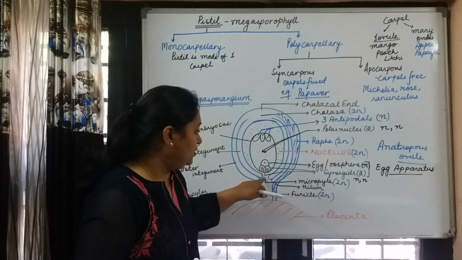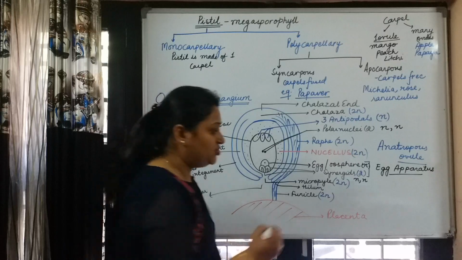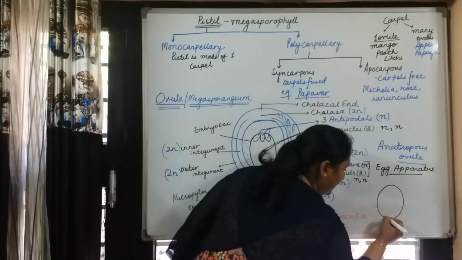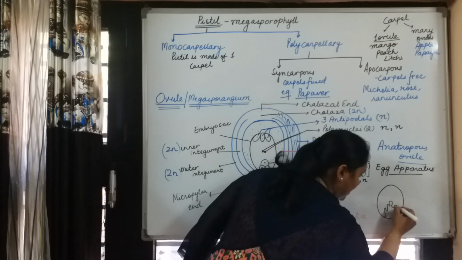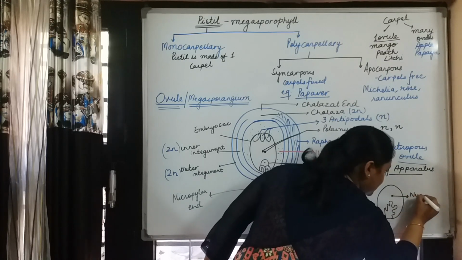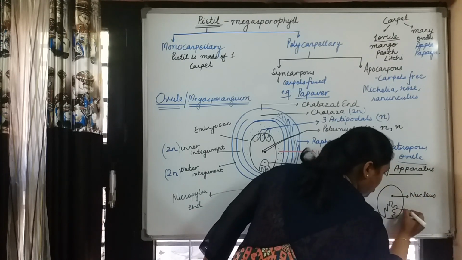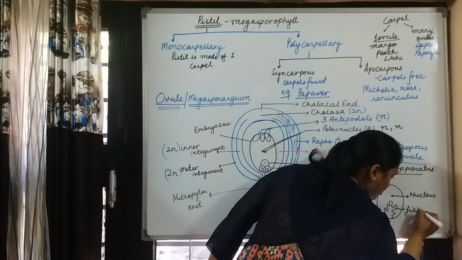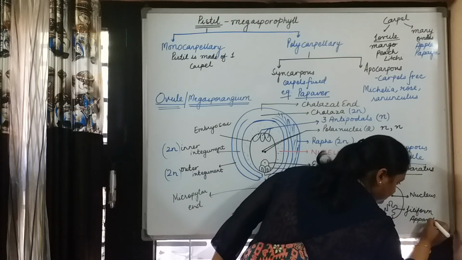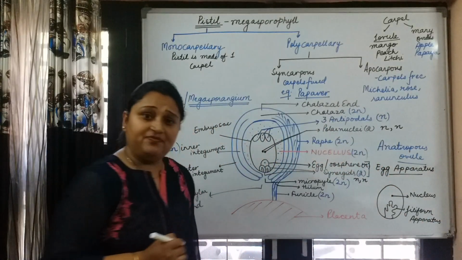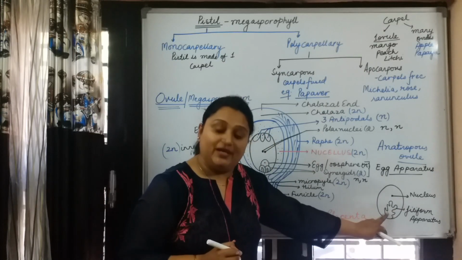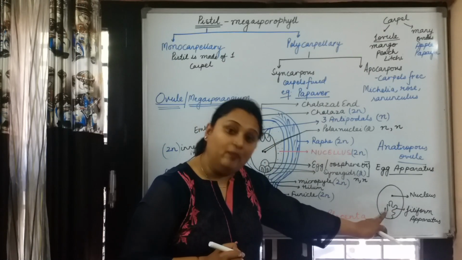If I draw the enlarged structure of the synergids here, this is a synergid. You can see the finger-like projections. This is the nucleus of a synergid. This is called the filiform apparatus. This filiform apparatus is an irregular structure which guides the entry of the pollen tube.